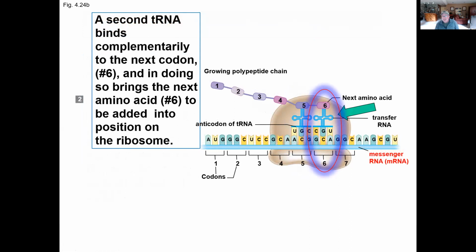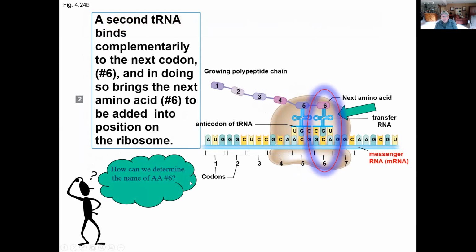Now notice what's happened: we have brought that 6th transfer RNA in, whose anticodon matches the codon sequence in number 6 codon, and is carrying amino acid number 6 to be added. We call it number 6, but can we find out what the name of that is? And the answer is yes.